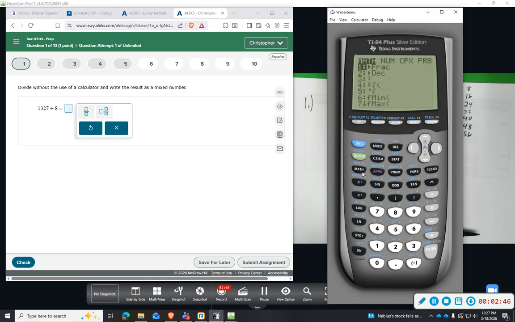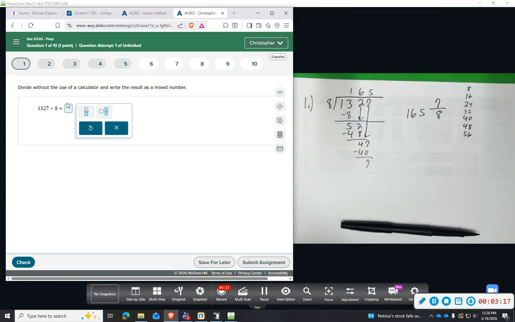If you hit math and then enter twice, it changes it to an improper fraction. However, if you hit alpha and then y equal, option number 3 will change it from n/d, numerator over denominator, to a U n/d, so whole number and then fraction. So option number 3 should convert our fraction to a mixed number, 165 7/8. And you can see that that matches.